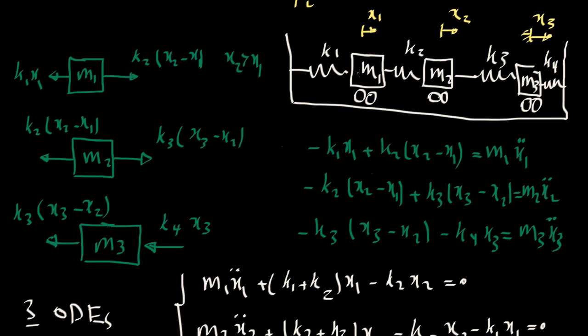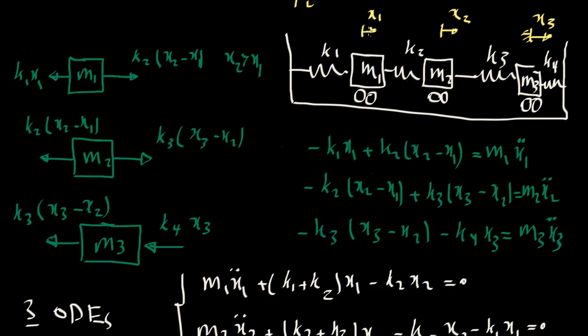So for this one, I can say that m1 goes to the right x1, m2 goes to the right x2, m3 goes to the right x3, and I don't need to make any assumption on which one is larger than the other one, as for the other free body diagrams. I would say that if this one goes to the right by x1, the potential energy in this one would be 1 over 2 k1 x1 squared.